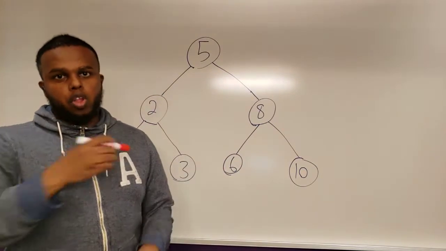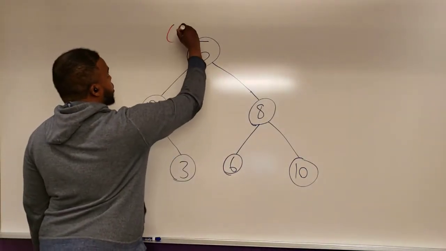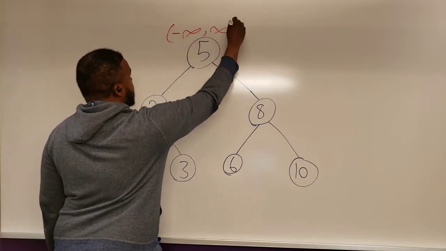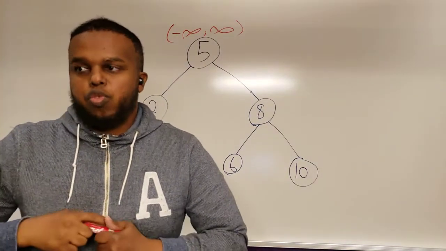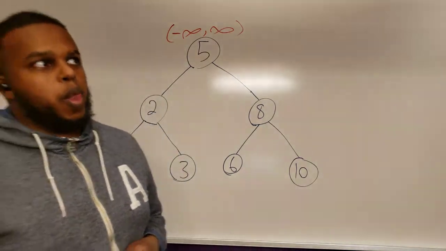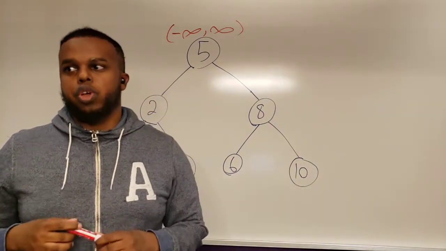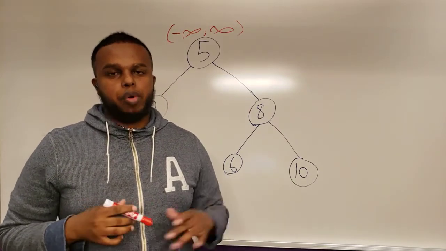So I'll put all the ranges in right now. For the root, since we don't know the value of the root, I decided to put the range as -infinity to infinity. You can think of the range as a lower and upper bound.